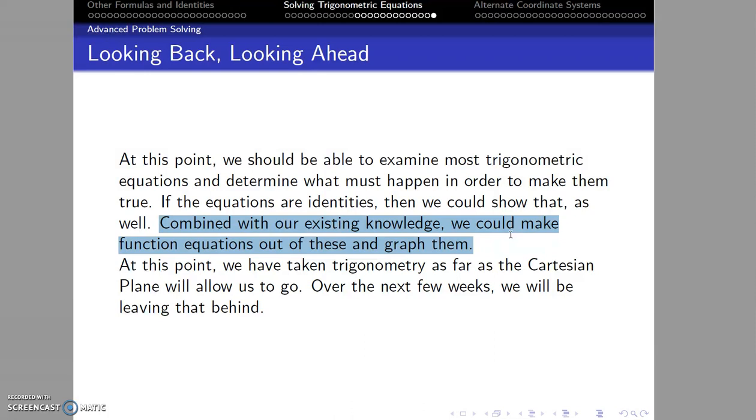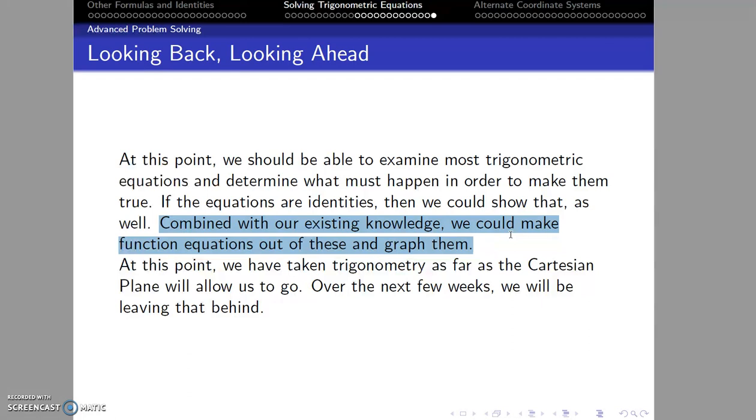But that is not only the end of analytic trigonometry, but it's also the end of everything we can do in trigonometry on the Cartesian plane. Well, we can do more, but this is all we're going to do in this class on the Cartesian plane. So for the next remainder of the course, we will start looking in systems beyond the Cartesian plane.